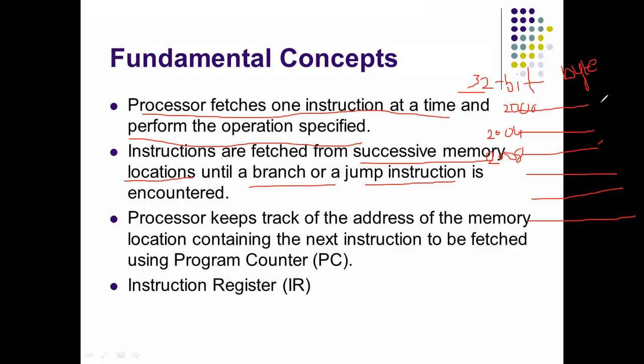So this is the first instruction, and it will be executed. At this time, the program counter PC value is 2004. That means this is the next instruction, and this is its memory location.